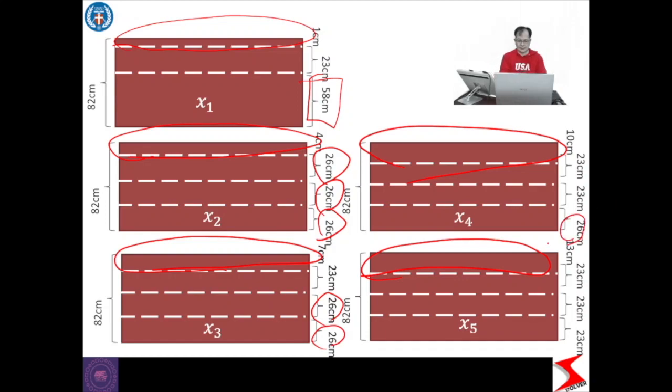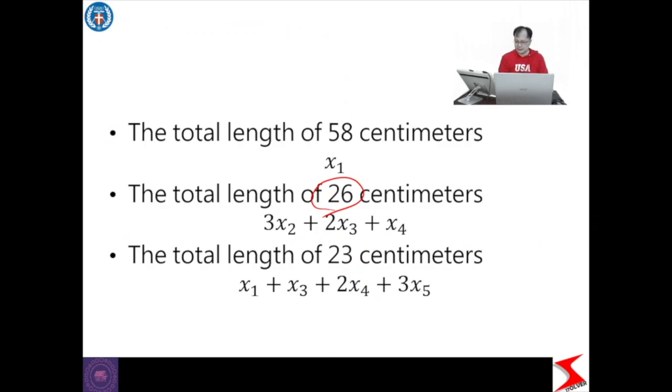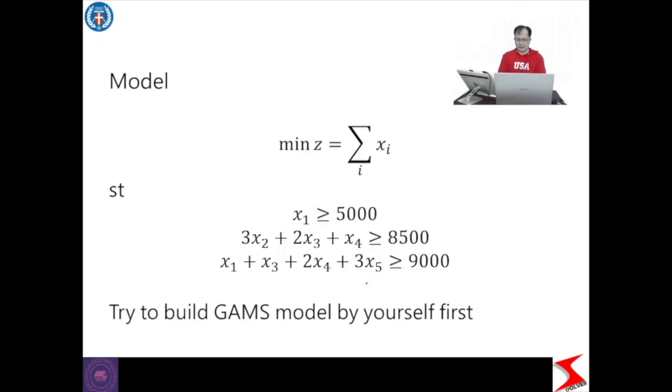So the total length is 3 times X2 plus 2 times X3 plus X4. The same logic for the 23 centimeter spec. We have X1 plus X3 plus 2X4 and 3X5. And we want to minimize what? Minimize the total length for the cut, right?